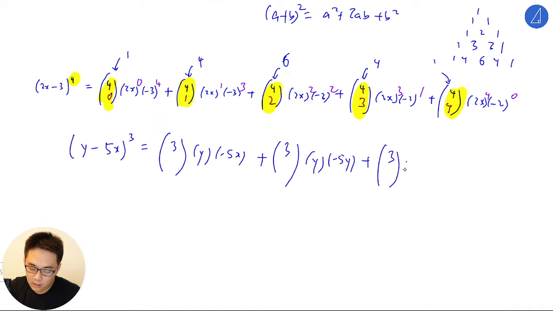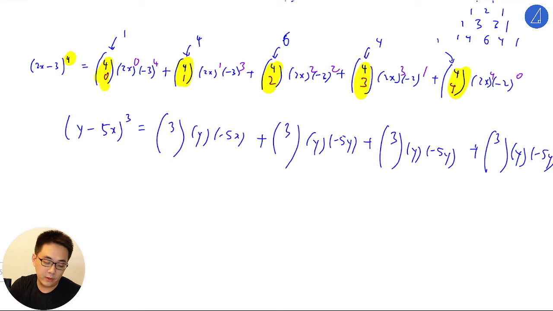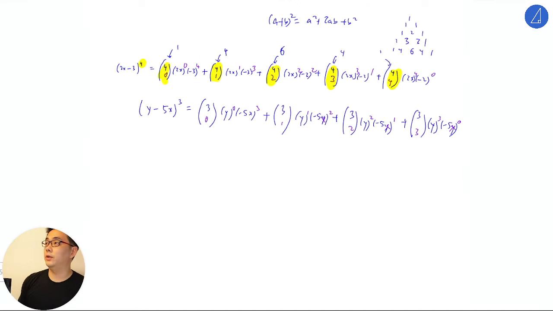I will expect to have 4 terms here because if it's power of 3, I will have 4 terms since I start counting from 0. So in 5 minutes, I just wrap up all the binomial for you. So 0, 1, 2, 3 for this. Then for this it is 3, 2, 1, 0. Okay. That's how I do it.